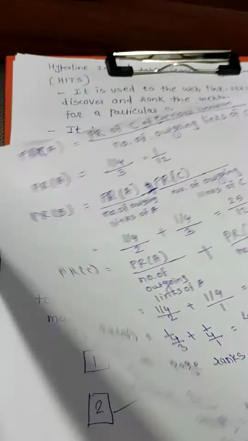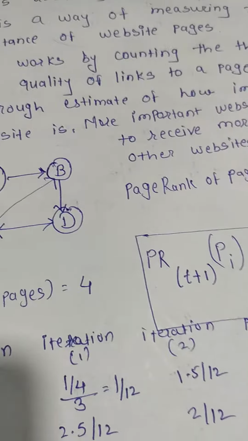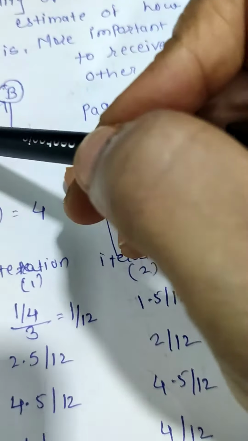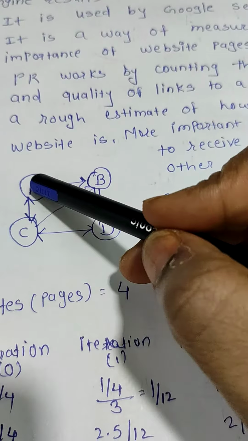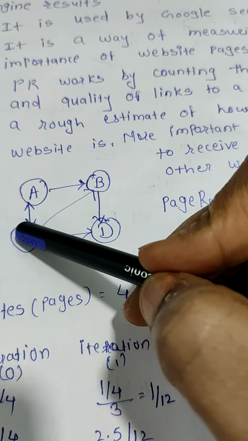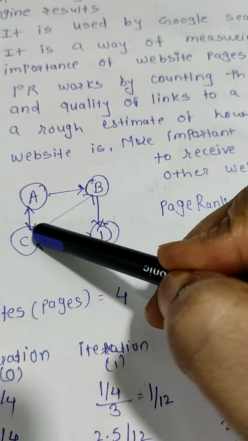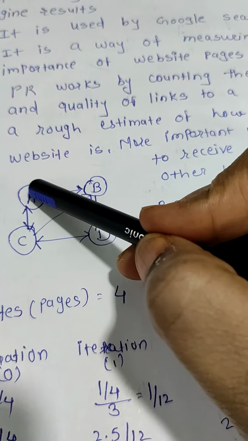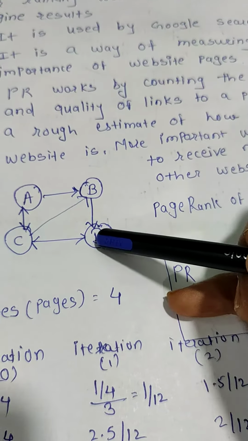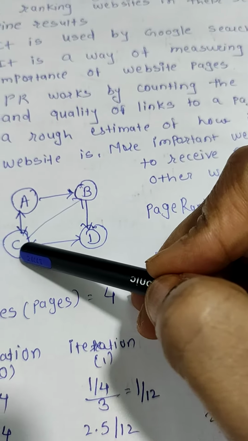So page rank of C, again if we see, C is pointed by A and D. So to calculate page rank of C, we have to consider page rank of A and page rank of D in the previous iteration.